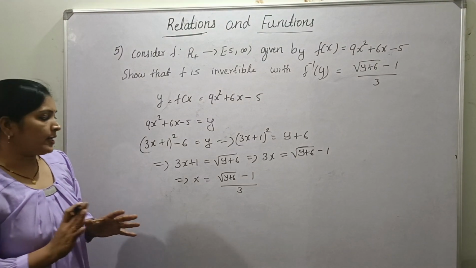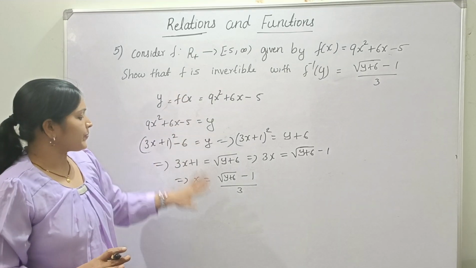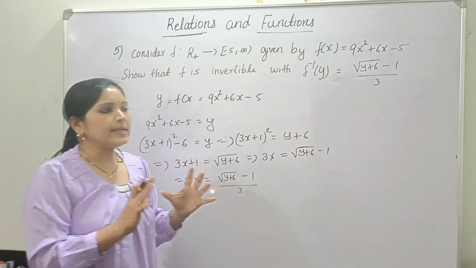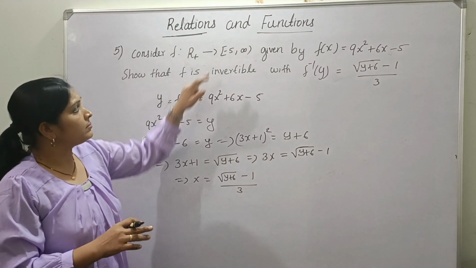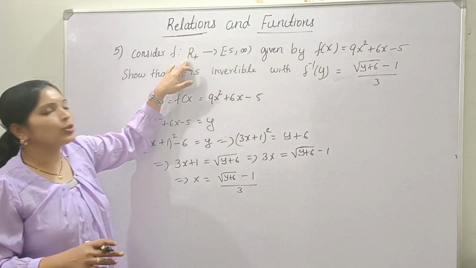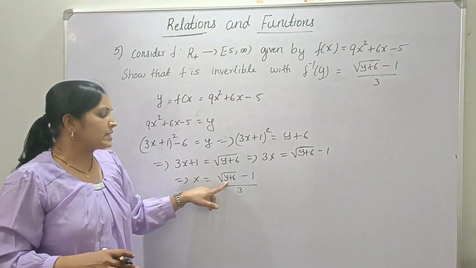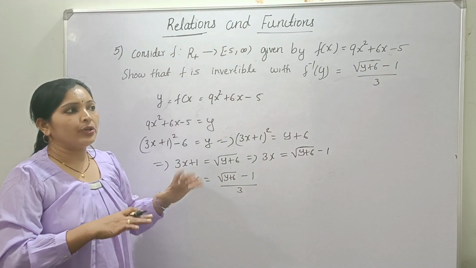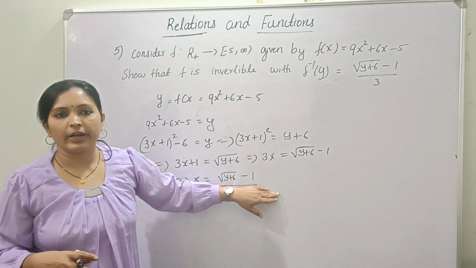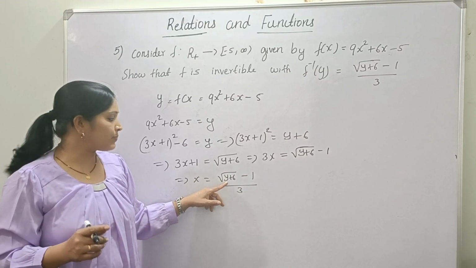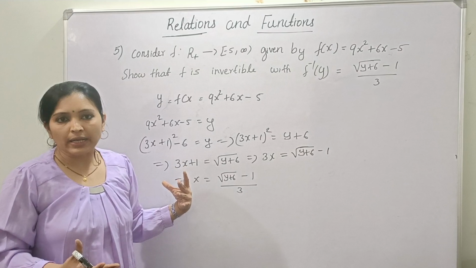And here, see, this one belongs to R plus. And here, let us define another function g from minus infinity to infinity to R plus. See, here also, if you substitute any real values, it will not be a real number, right? Because see, if you substitute y equal to minus 7, for some values it will not be a real number.